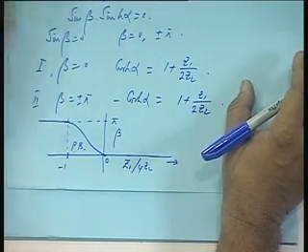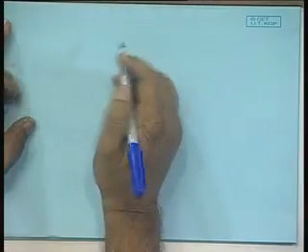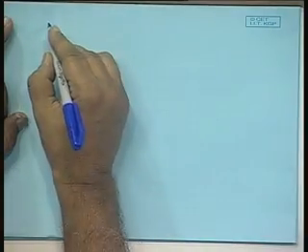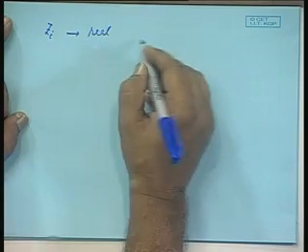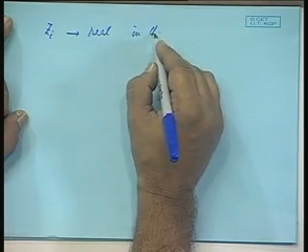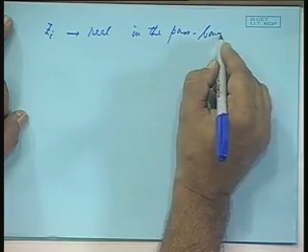Next, this characteristic impedance Zi is real in the pass band. What does it mean?